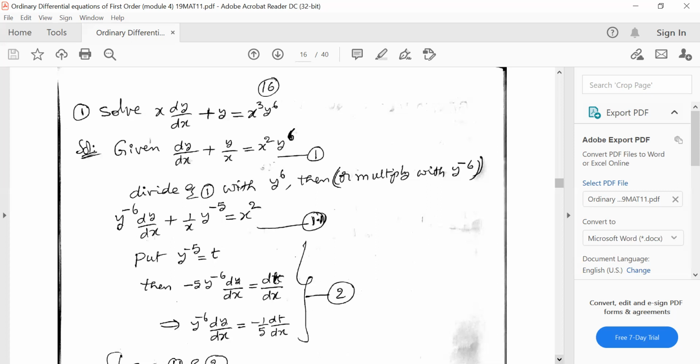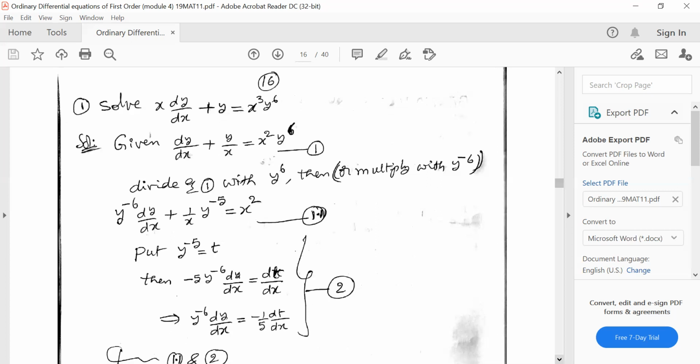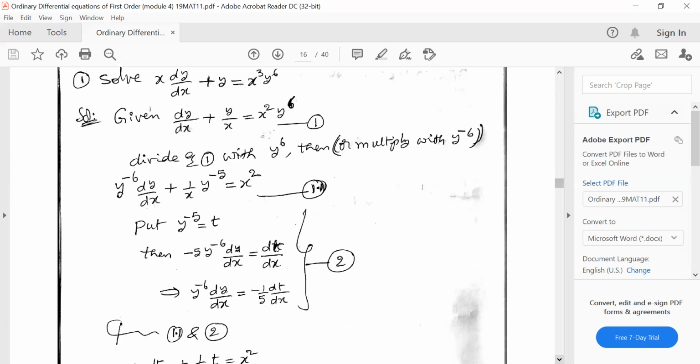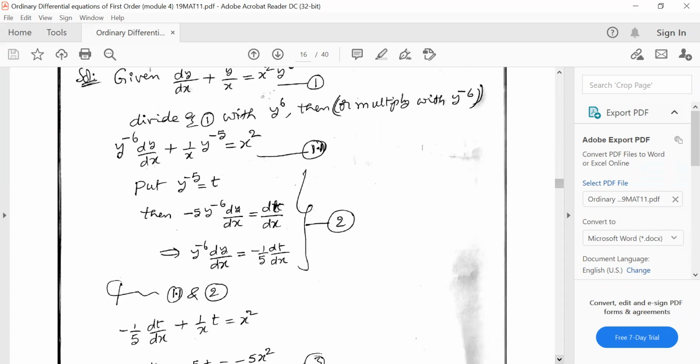Put that y power, whatever you got in the second term, as t. Then differentiating with respect to x on both sides, minus 5 y power minus 6 dy by dx is dt by dx. We need only y power minus 6 dy by dx to substitute in the equation, which is minus 1 by 5 dt by dx.